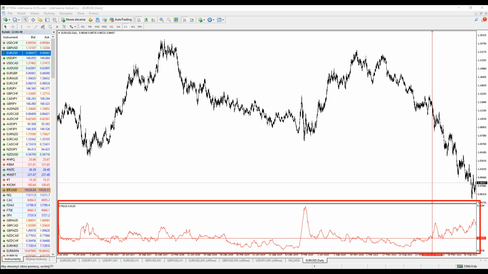ATR is not going to show us the direction of the trend. It's also going to be very challenging to try to use it for searching for divergence.